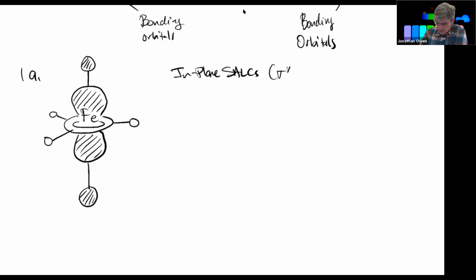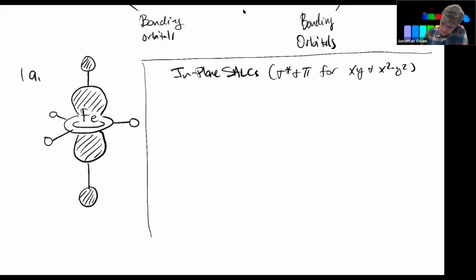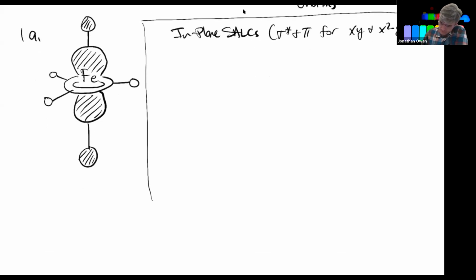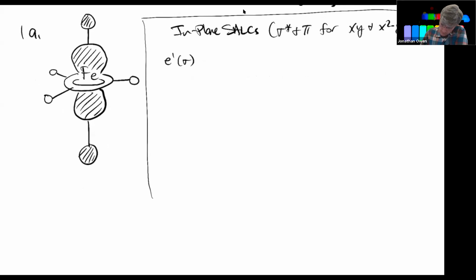We've got sigma star and pi for xy and x squared minus y squared. So let's do the E prime for sigma here. So we got our metal center, E prime.